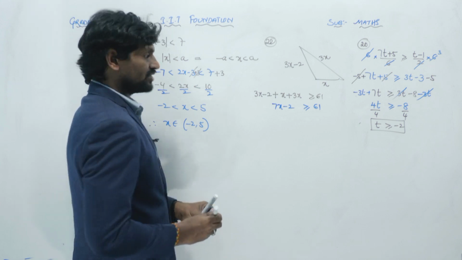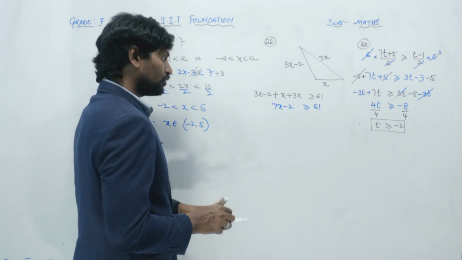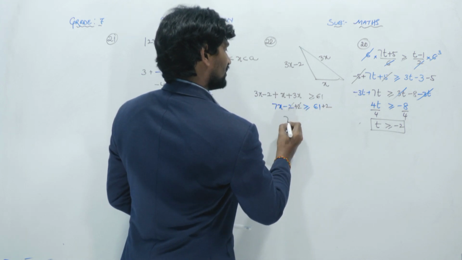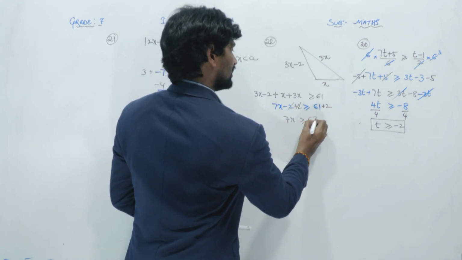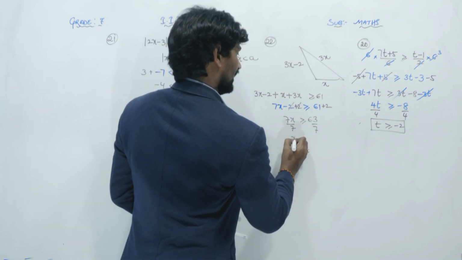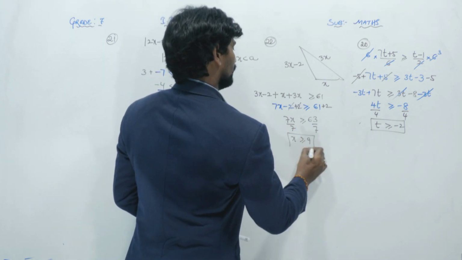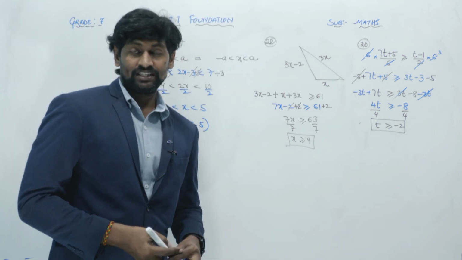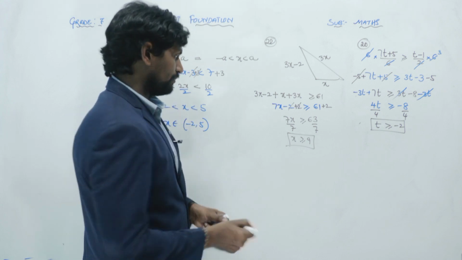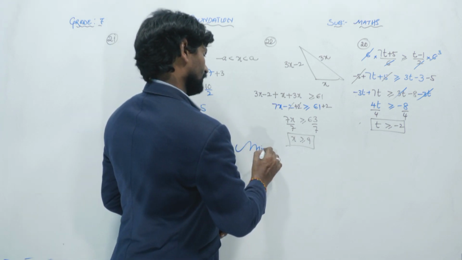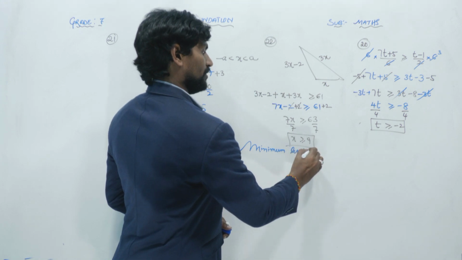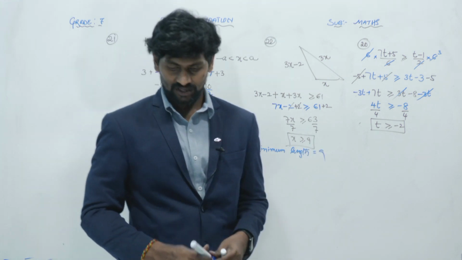To remove minus 2, add 2 on both sides. Minus 2 plus 2 cancels, 7x greater than or equal to 63. Divide by 7 on both sides. x greater than or equal to 9. So the shortest side length is minimum 9. So the minimum length is 9. Okay?